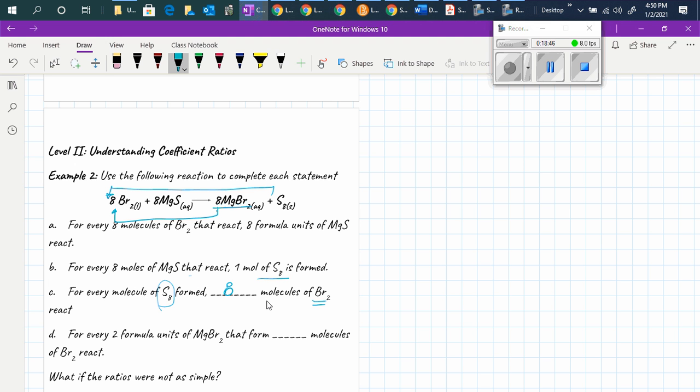So what you do is 2 formula units of magnesium boron times 8 formula units of boron over 8 formula units of magnesium boron. So this and this cancel out, and then you will have 2 times 8 divided by 8, which is equal to 2 formula units.